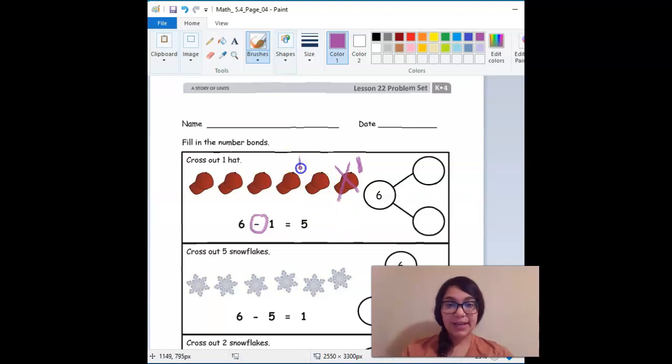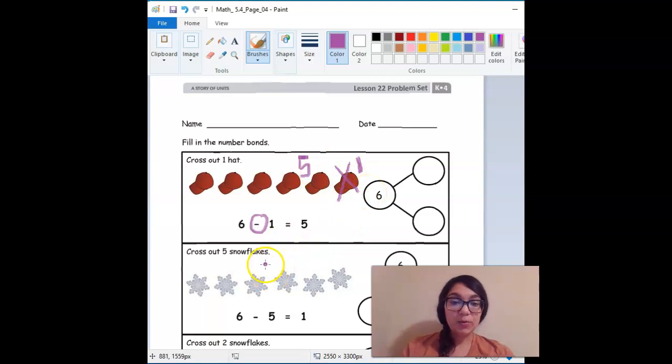Yes, we have 5 hats left over. So I will write the number 5 because that's how many we have left over. Why can't I count this hat that has a crossed out mark on it? Get ready. Yes, because I took it away and we can't count it because that hat has already gone away.